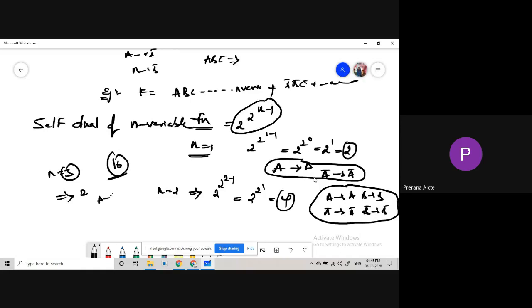Here a is nothing but a, a bar is nothing but a bar, b bar is nothing but b bar, b is nothing but b, c is nothing but c, and c bar is nothing but c bar. Similarly a bar b bar plus b bar c bar plus c bar a bar, and it is also ab plus bc plus ca. So like this we are getting 16 terms.